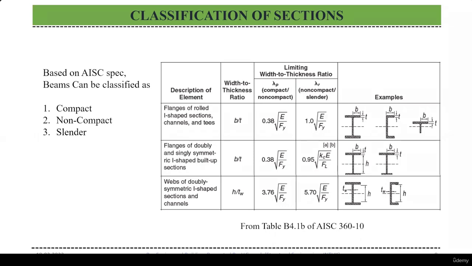They will use compact sections less, because the slender and non-compact sections are more economical, as the web depth in these sections will be more when compared to the flange width of the I sections. That gives you a more economical section, right? That is why most PEB manufacturers use non-compact and slender sections mostly.